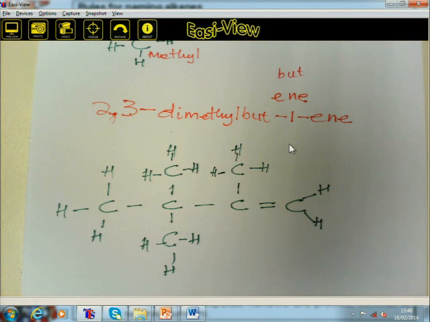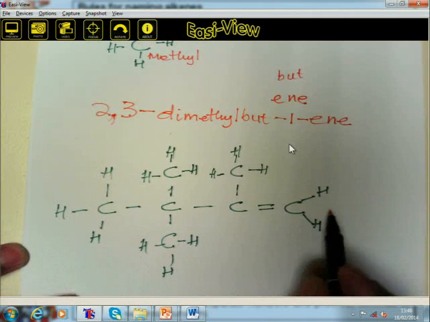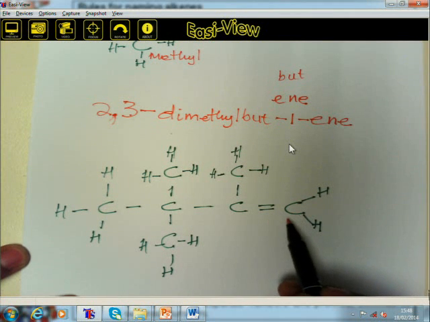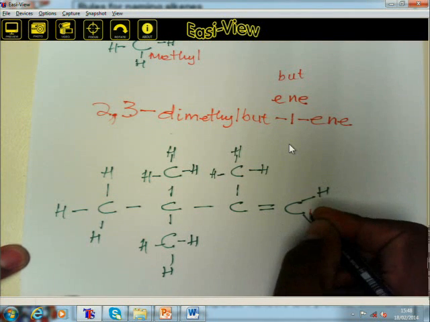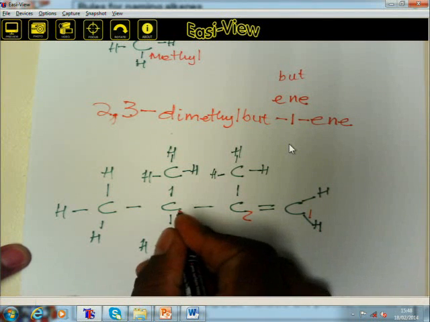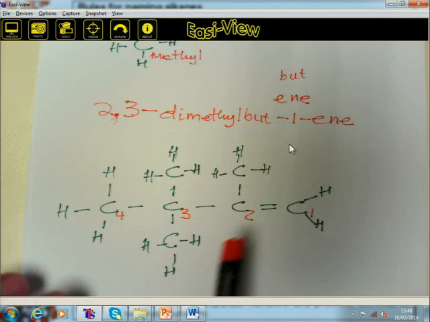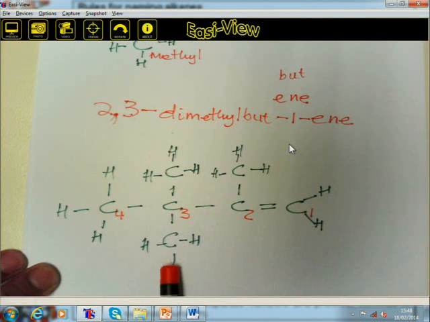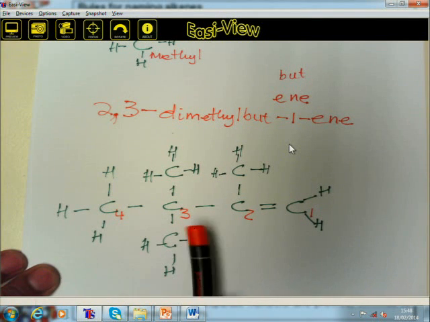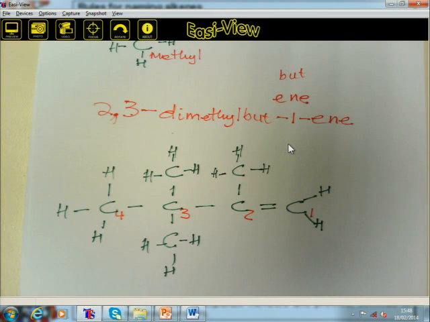Okay, so if we have to number this compound, we also have to start from the side nearer to the double bond. So this is carbon number 1, number 2, number 3, number 4. I can go that way or that way. I'll still get 4 carbons. So it gives me the maximum of 4 carbons.